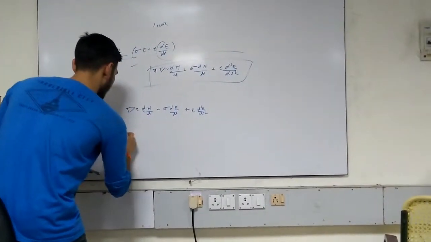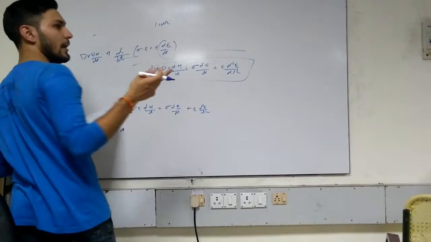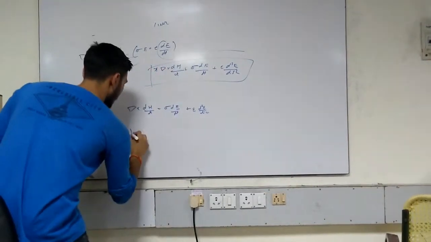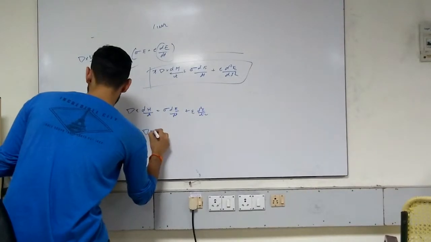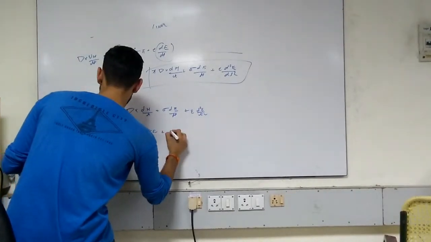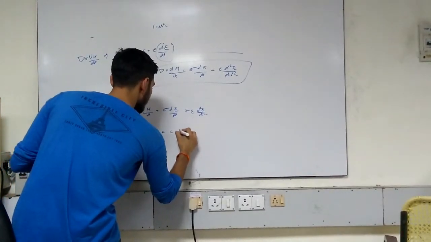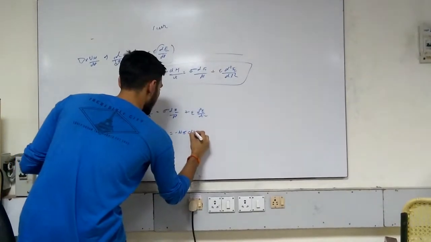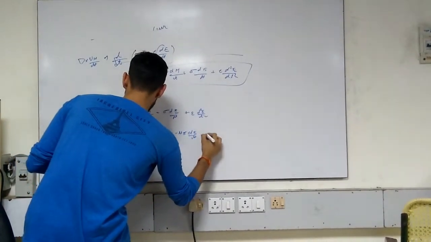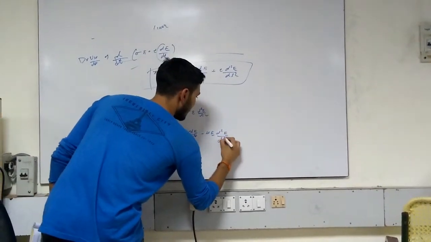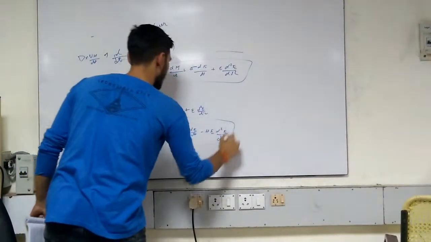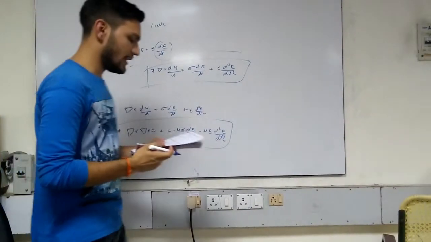Which we can now equate from the earlier equation, the curl of the curl of the electric field, that is del cross del cross E, that will be equal to minus mu times sigma dE by dt minus mu epsilon d square E by dt square. Comparing the two equations, we get this as our final equation.